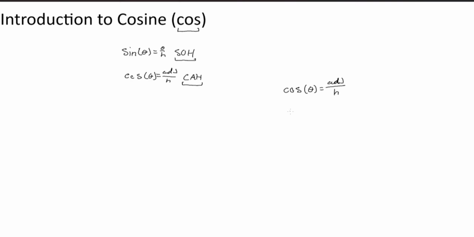And remember that the sine of an angle is equal to the opposite side over the hypotenuse. Also remember that this is CAH, cosine, adjacent, hypotenuse, and this is SOH, sine, opposite, hypotenuse. And that is the introduction to the trigonometric function cosine.